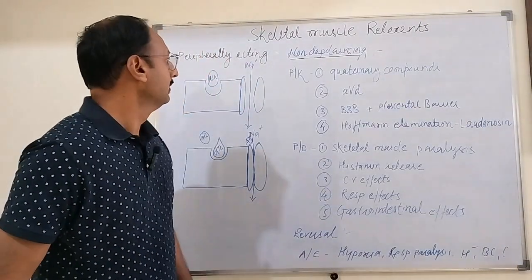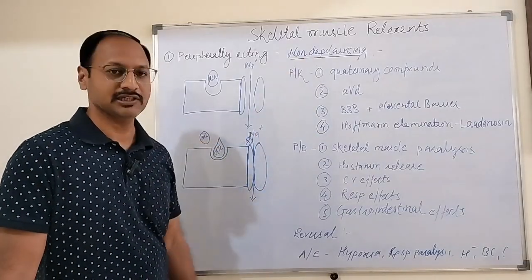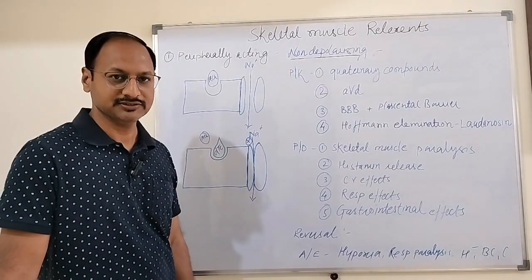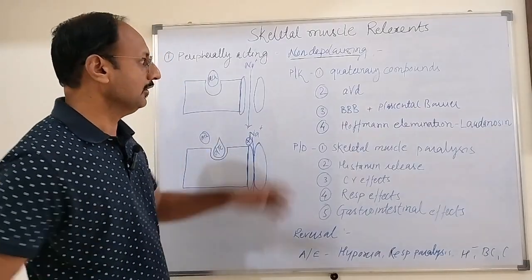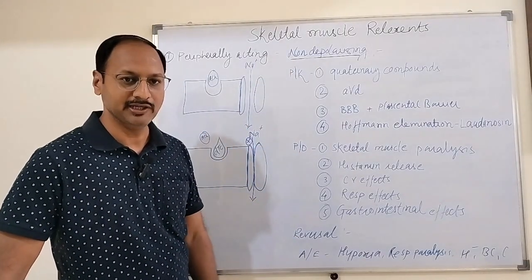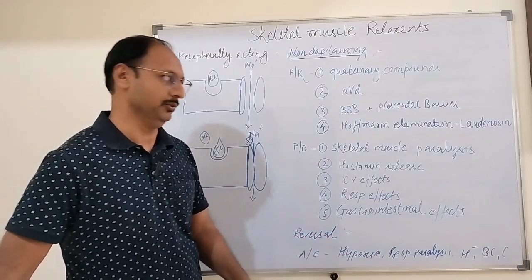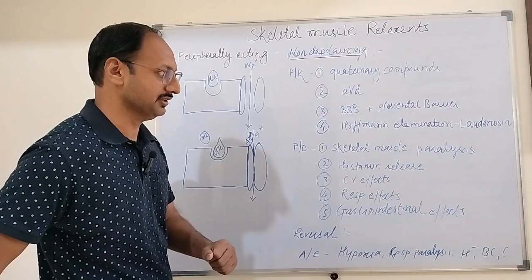Now come to peripherally acting skeletal muscle relaxants. First we discuss non-depolarizing skeletal muscle relaxants. They include the prototype drug D-tubocurarine, and other drugs like atracurium, cisatracurium, and many more. Now come to their mechanism of action.